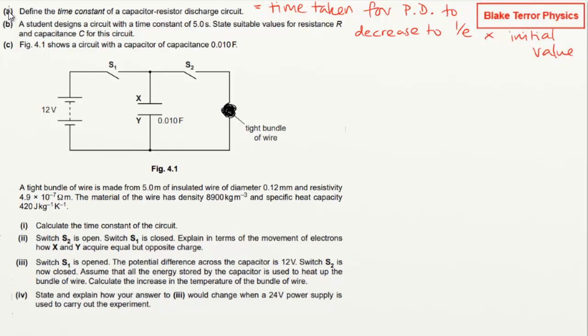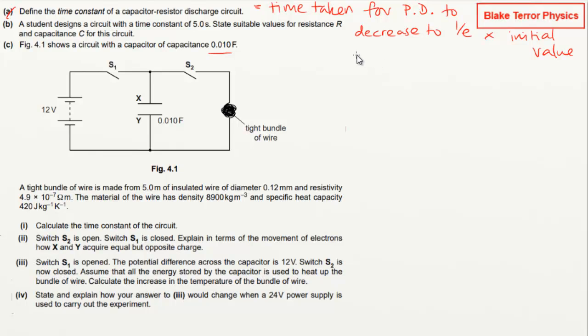All right. Part B. A student designs a circuit with time constant 5 seconds. State suitable values for resistance and capacitance. Well, you can pick anything that multiplies to be 5 here, but let's not pick crazy things. They've actually got a 0.01 sitting here, suggesting a sensible value of capacitance. So why not go with that?